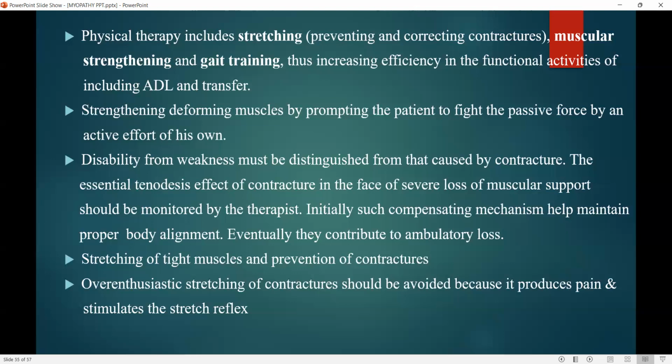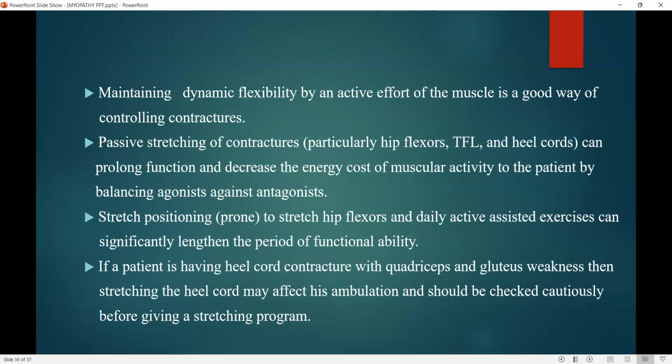Strengthening the tight muscles is prevention of contracture. Overuse strengthening of a contracture should be avoided because it produces pain and stimulates the stretch reflex. Maintaining dynamic flexibility by an active effort of the muscles is a good way to handle contracture.